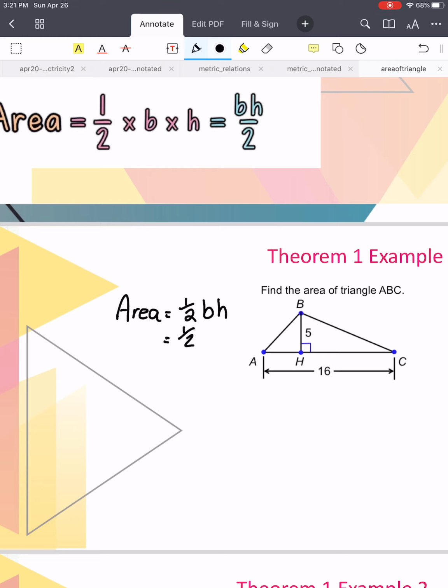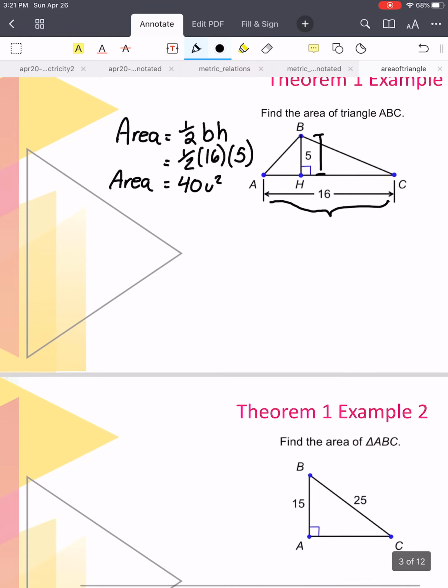If we're looking at this triangle, our base is 16 and our height is BH, so that's 5. So 1/2 times 16 is 8, times 5 is 40. So the area is 40 units squared. All right, so nothing shocking about that. You've done that for years now.